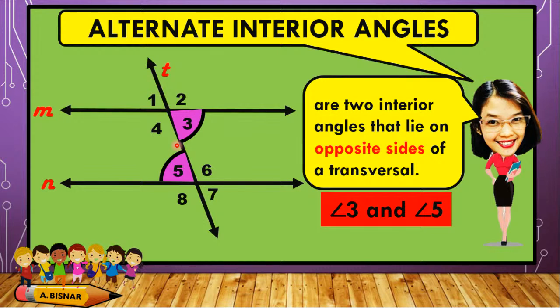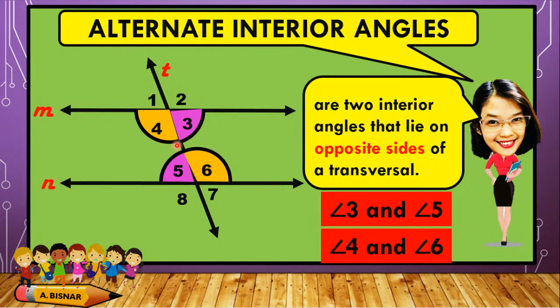What do you think is the other pair? Alin pa yung isang pair ng alternate interior angles? Okay, that's correct. Angle 4 and angle 6.